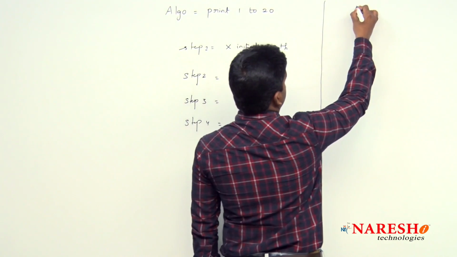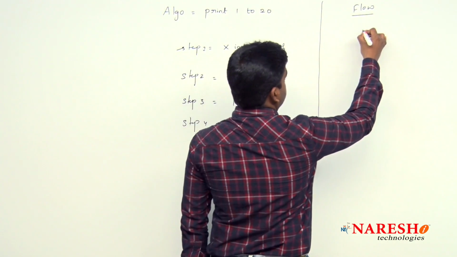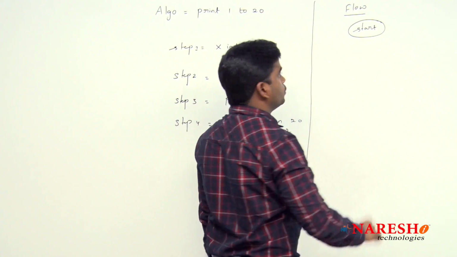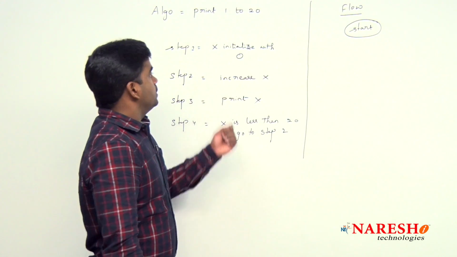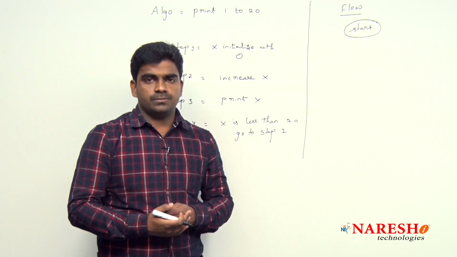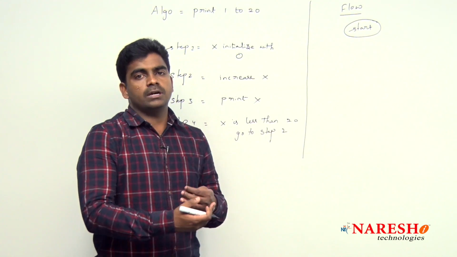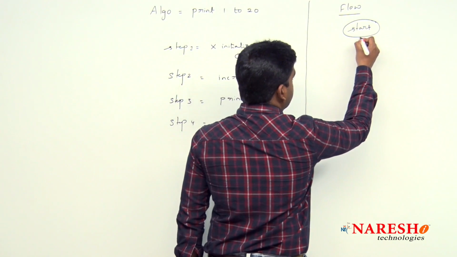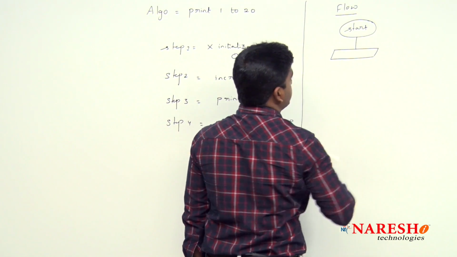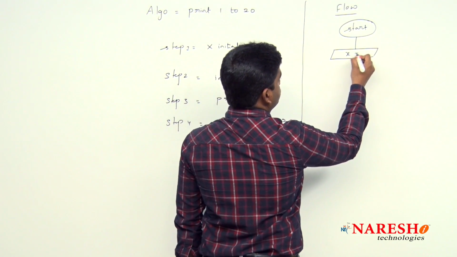How are we representing it with a flow? The first is the terminal, start. We are representing it like this with an oval. And next one, initialization, of course we can consider as an input also, the initial value, or you can call it a process. So you can take anything, suppose here we read the x value, or here we are initializing the x value with 0.